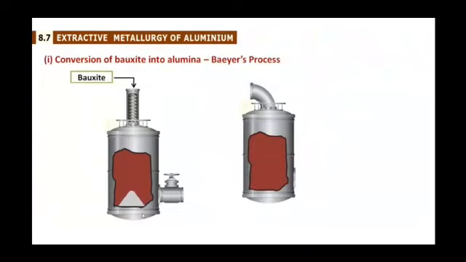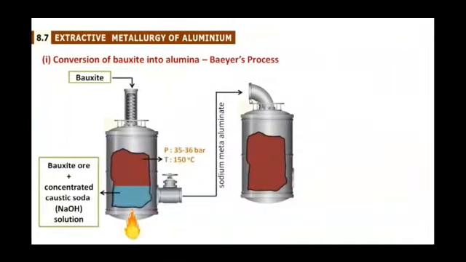First, the bauxite ore is crushed into powder form and taken in a container. To the powdered bauxite ore, concentrated caustic soda, that is NaOH solution, is added, and the container is heated by maintaining 150 degrees temperature and 35 to 36 bar pressure.